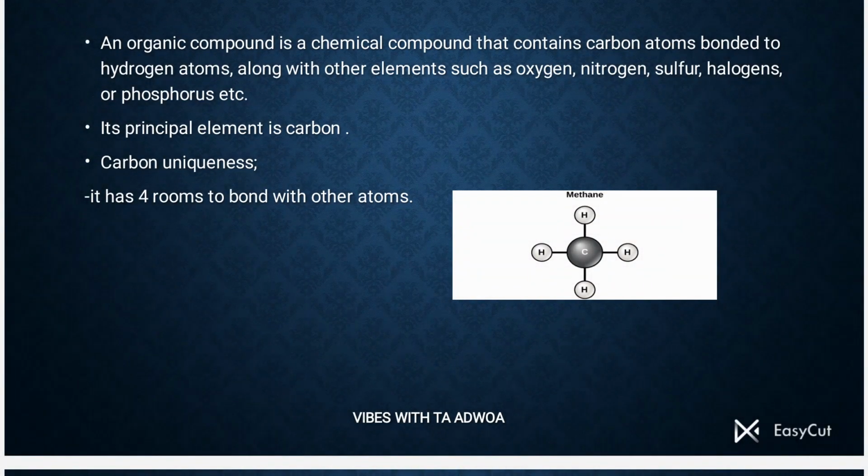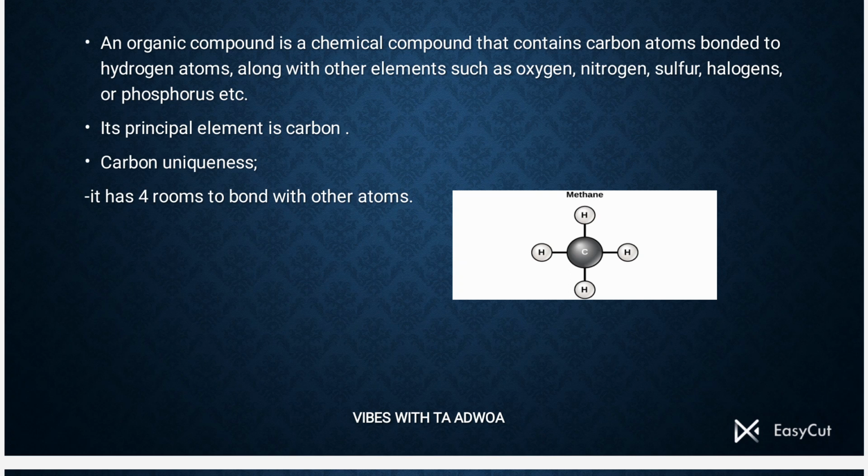An organic compound is a chemical compound that contains carbon atoms bonded to hydrogen atoms, as well as other elements like oxygen, nitrogen, sulfur, halogens, or phosphorus. This means that organic compounds have the capability to bond with a variety of other elements, including carbon and hydrogen.